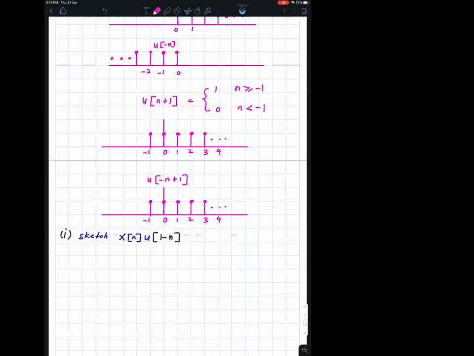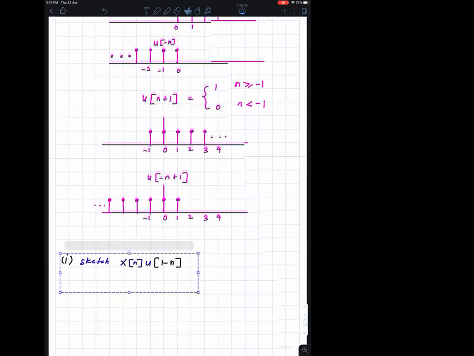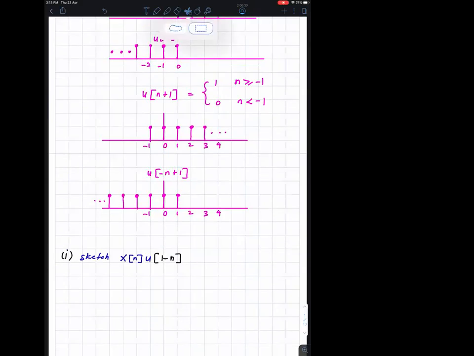So you're going to get, well, there's another way to do this. You can just plot.